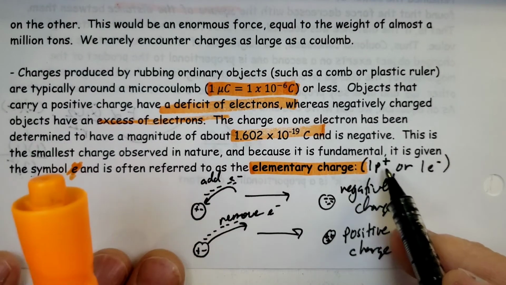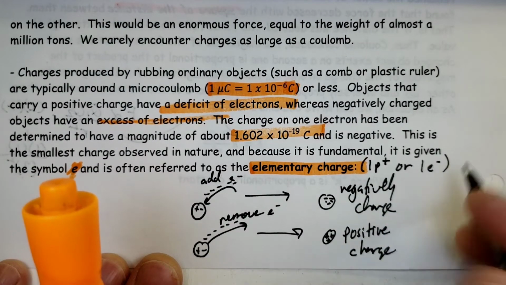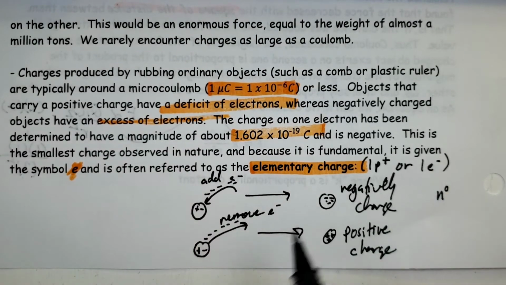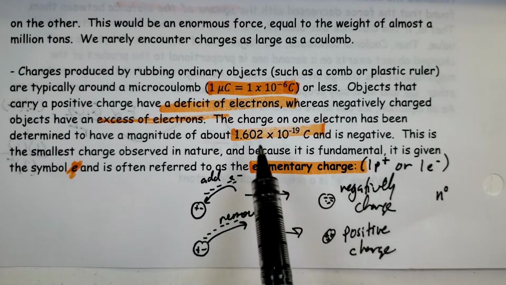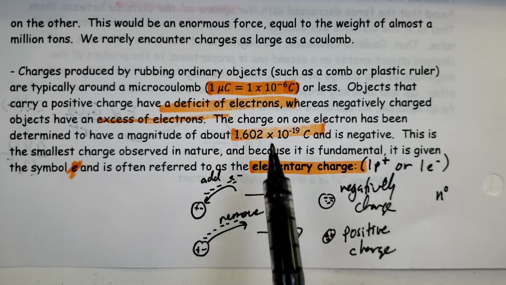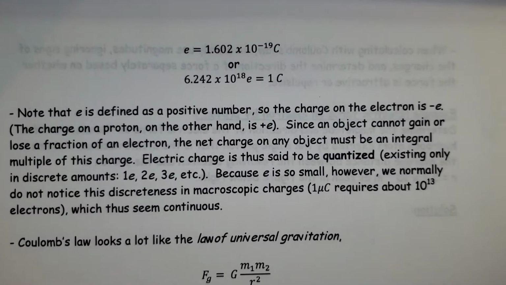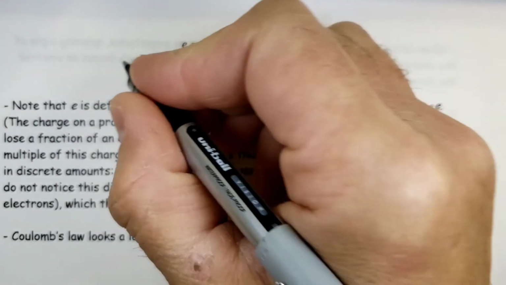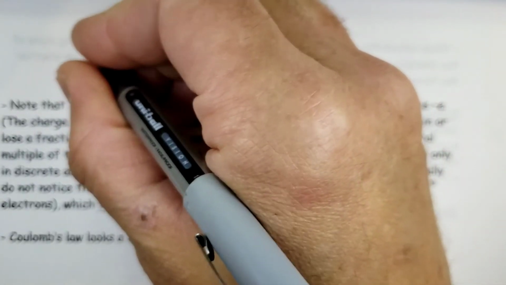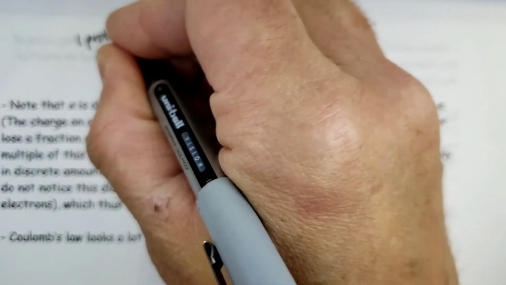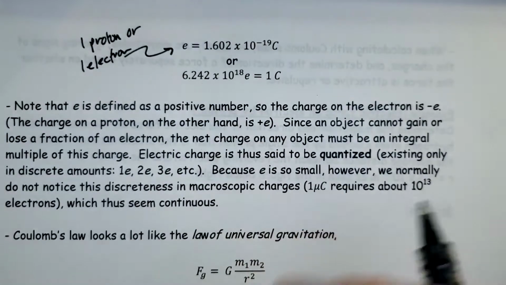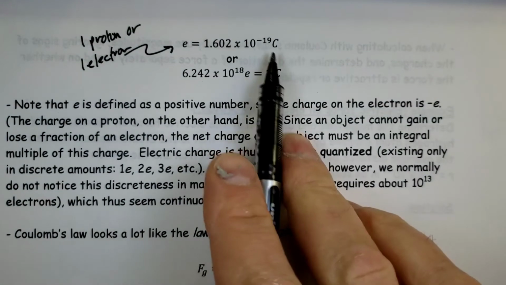I use the symbol p plus for proton, e minus for electron. Neutron has no charge. But 1 elementary charge, whether it's an electron or proton, has that amount. So if you look at the next page, 1 elementary charge, 1 proton, or 1 electron is equal to 1.602 times 10 to the minus 19 coulombs.